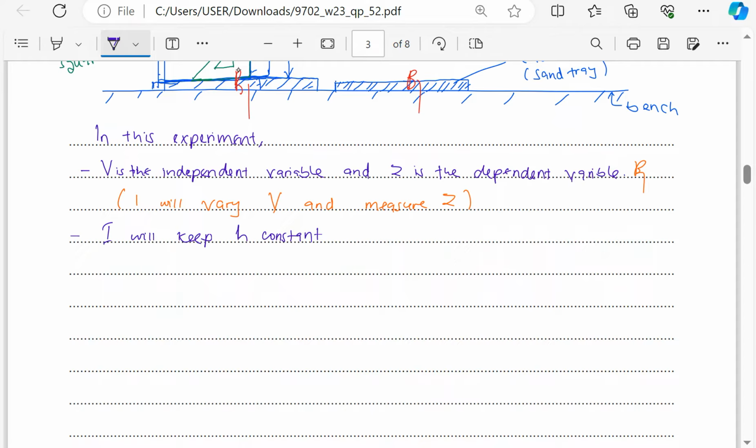And how will you ensure that H is constant? I've also demonstrated that in the diagram, but you can still write it here.